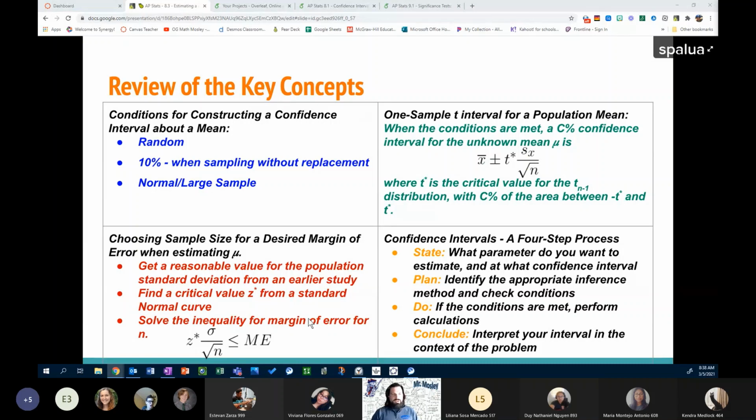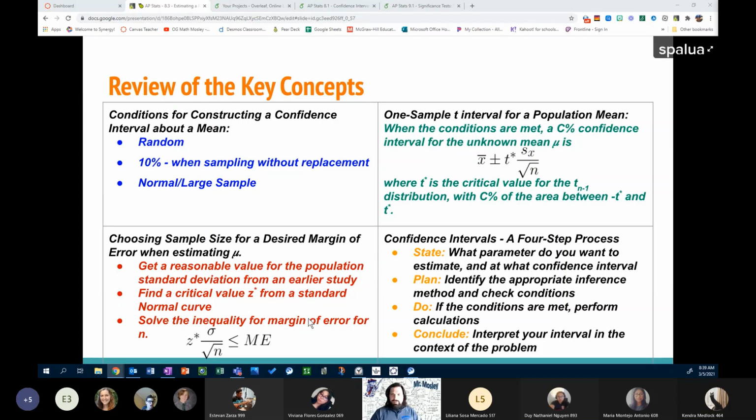We identify the appropriate inference method, one sample t interval for a mean, one sample z interval for a proportion, right? And we check our conditions, random, 10%, normal/large sample or random, 10%, large counts. Right? If the conditions are met, we perform calculations. We move on to the do step. Then finally, we conclude, we interpret our interval in the context of the problem.